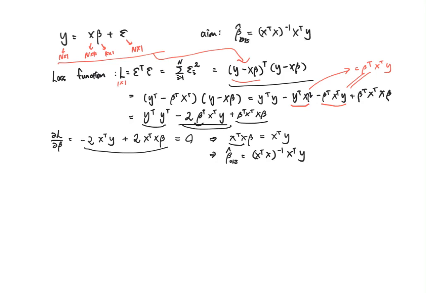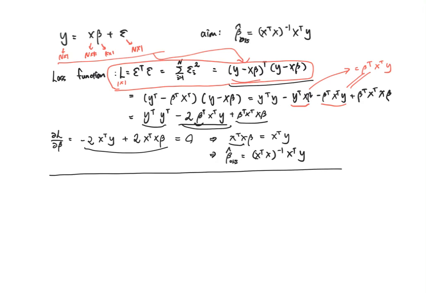But one thing I want to mention is that before differentiating, we have to know this loss function is convex. Convex means it looks like this. I simplified too much, but let's assume we have 2 dimensions.